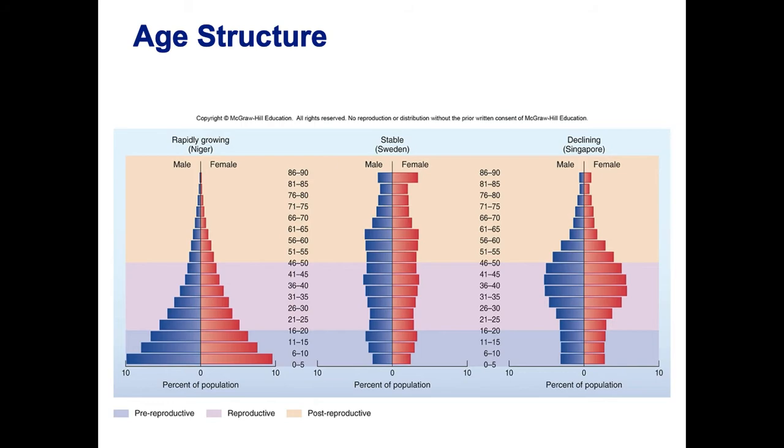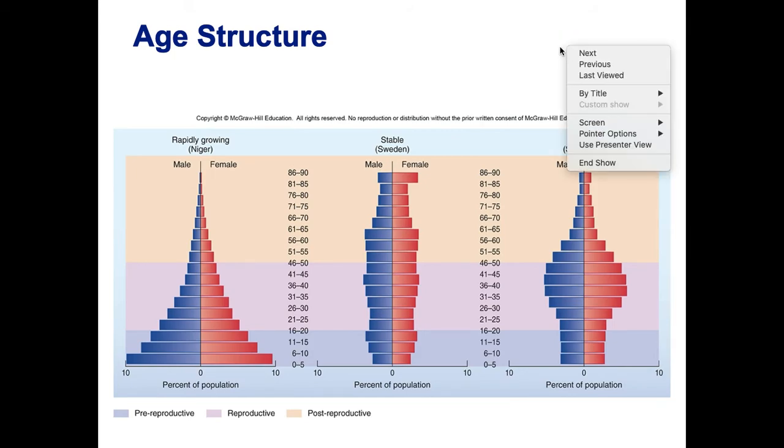We can learn a lot about the growth rate of different populations, including wildlife populations, plant populations, and human populations by looking at their age structure. If there are a lot of children in the country, a lot more children than adults and a lot more children than older people, we can infer that the population is rapidly growing.